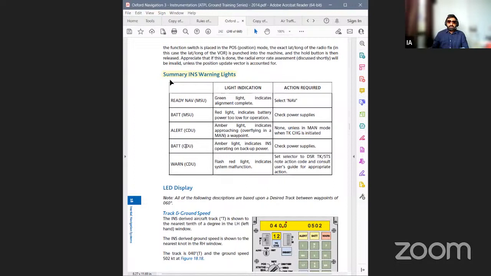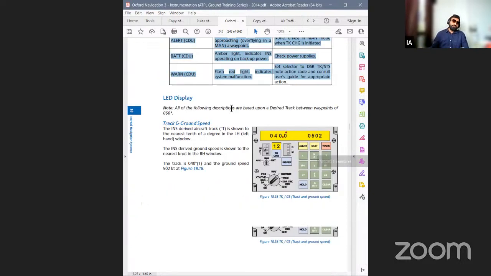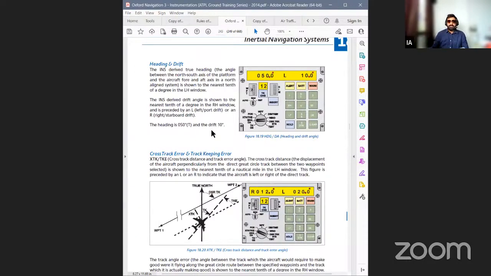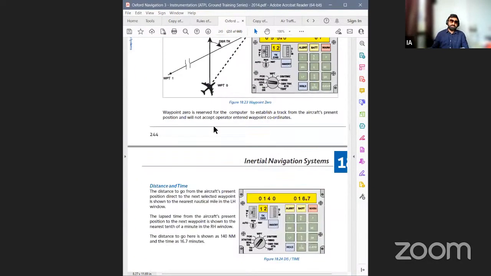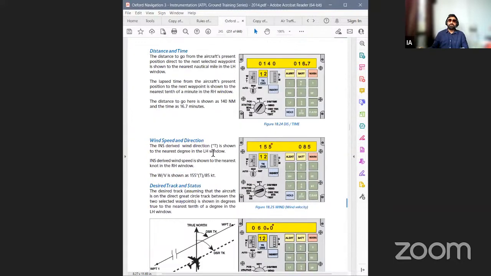So here you can keep it after you have read through the control and display functions from the paragraph. What will be more important with respect to exams right now would be RLG and the differences. Chances are they might not be expecting you to get into detail functioning of this because these are not available on training aircrafts.